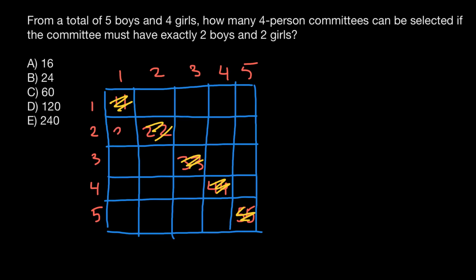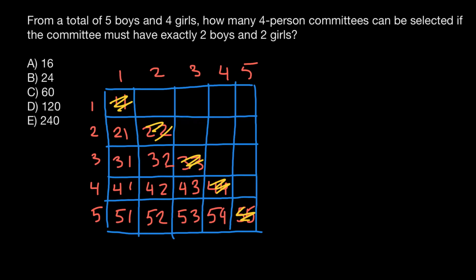For example, 2 and 1, 3 and 1, 4 and 1, 5 and 1, and 3 and 2, 4 and 2, 5 and 2, and 4 and 3, and also 5 and 3, and 5 and 4. Why am I not completing this part? Because here we are going to get repetition.